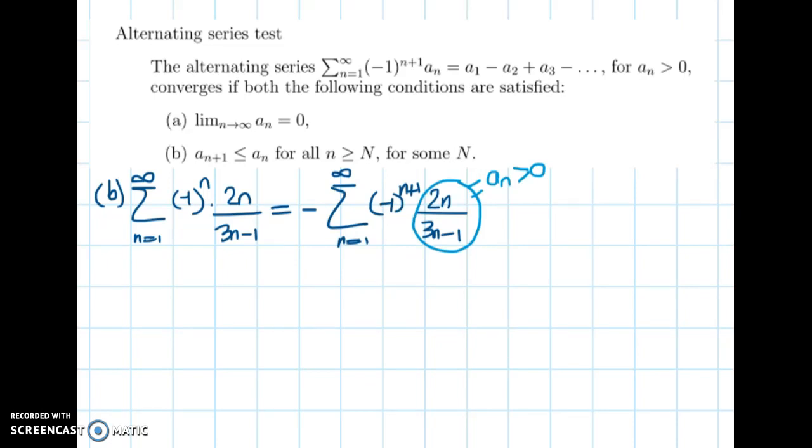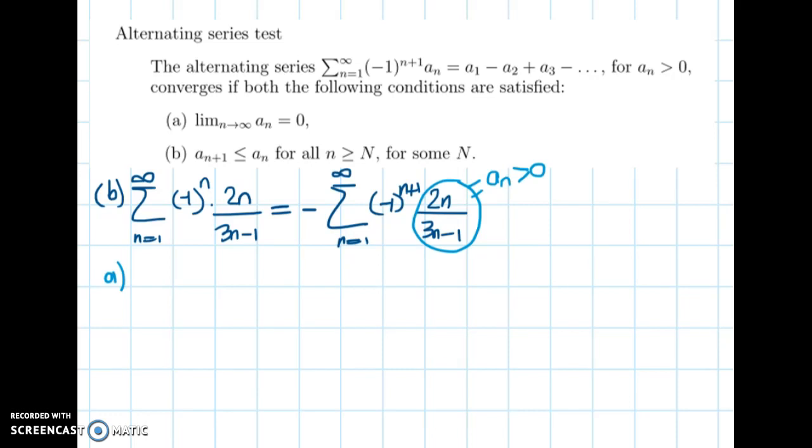And then we need to check two things. We need to check the first condition, that the limit of a_n is 0, and the second condition, that the terms are decreasing. You may ask yourself if there is some strategy, if it is better to test first one condition or the other.